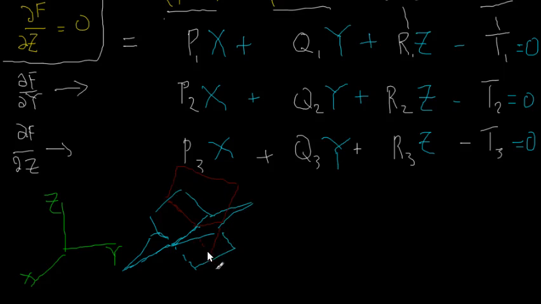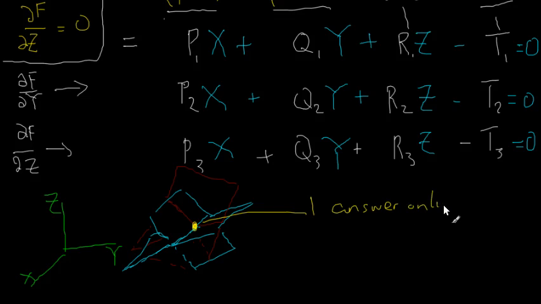Okay, and they will intersect at this point down here. So that's one way they can do it, and if that's what happens, then we will get a unique answer. Okay, in this case we'll get one answer only.